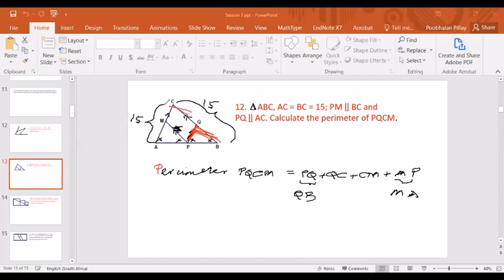And then QC. CM. And MA. So these four numbers are nothing else but the sum of these things which I've shaded here.